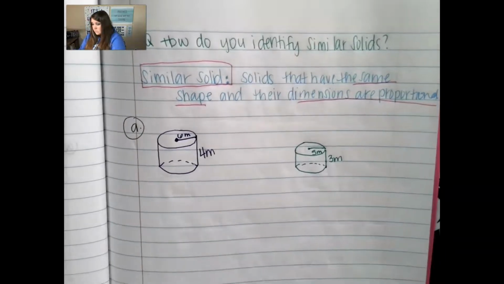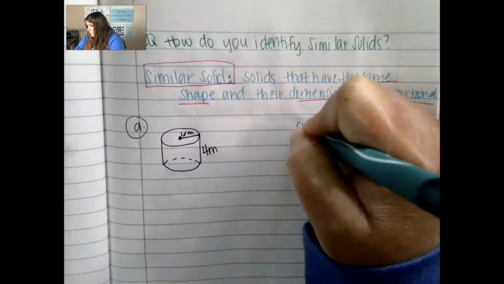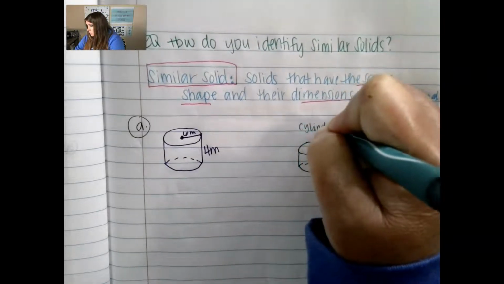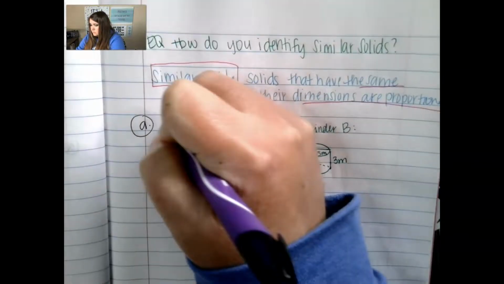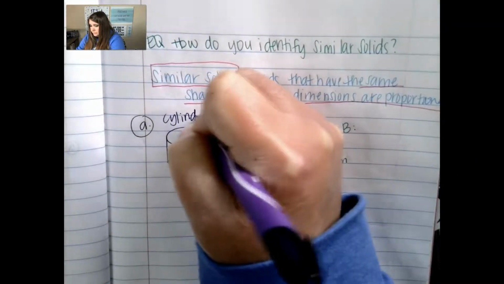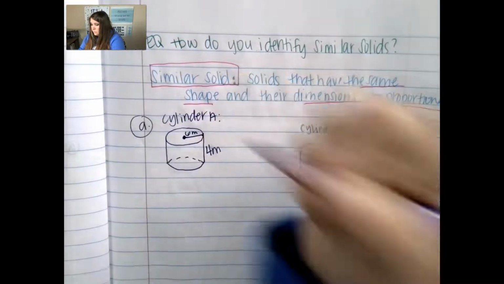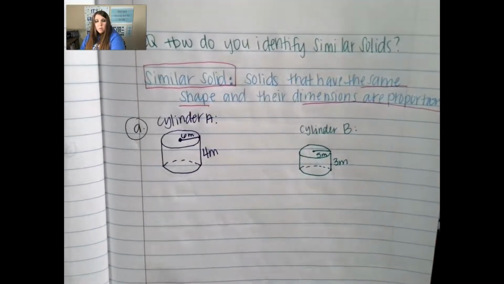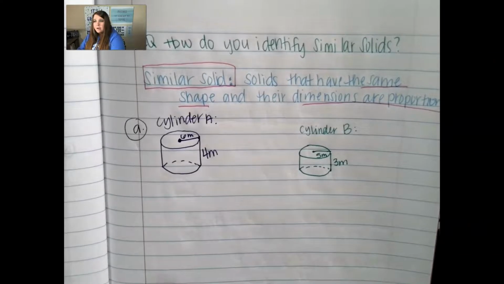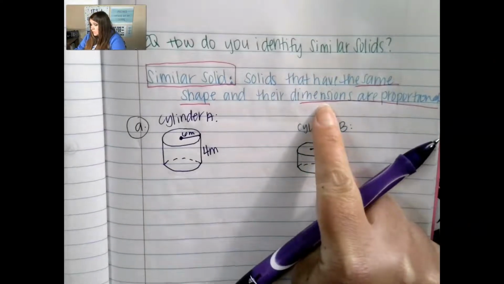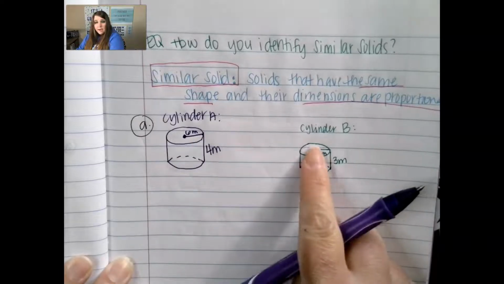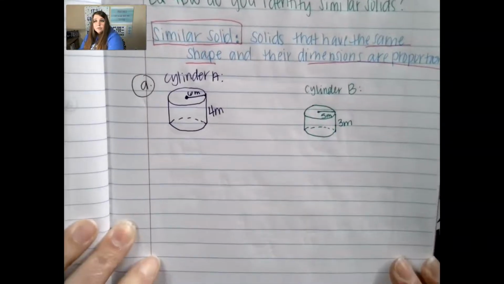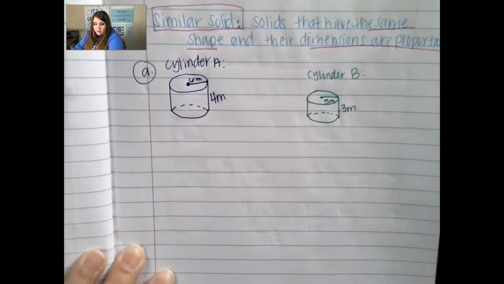So our job is to compare cylinder B to cylinder A. All right, and how do we do that? Well, we're going to do that by looking at their dimensions. So you can tell in both of these they have a height and they have a radius. So we're first going to go ahead and look at their height.